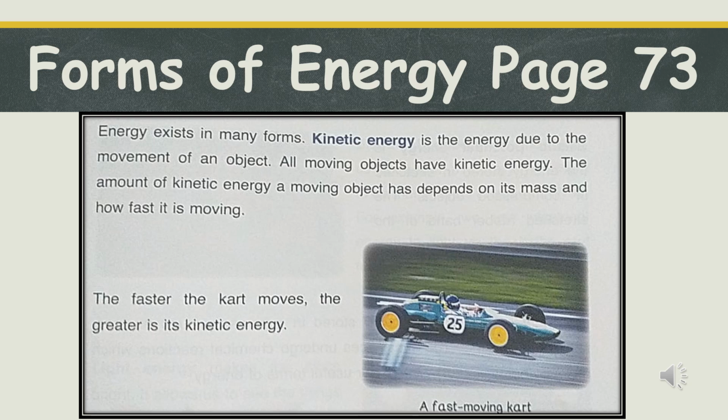All moving objects have kinetic energy. The amount of kinetic energy a moving object has depends on its mass and how fast it is moving. So remember, the heavier the object, the more mass, the more kinetic energy. Also, the faster it's moving, the more kinetic energy the object will have.